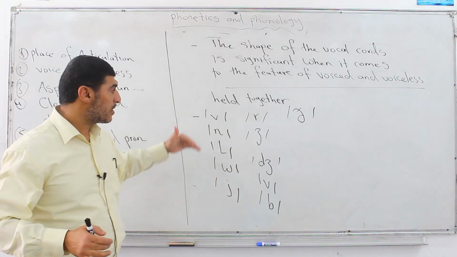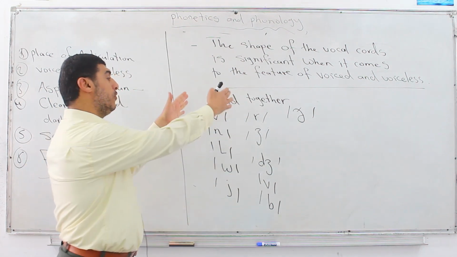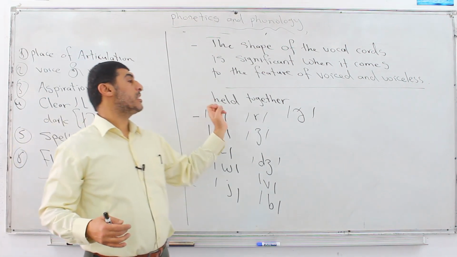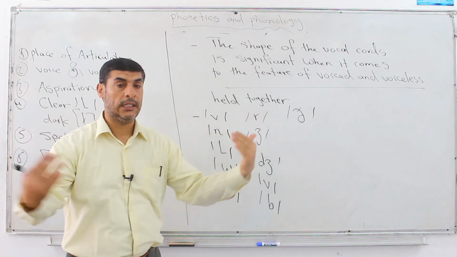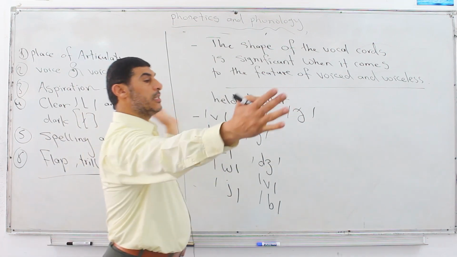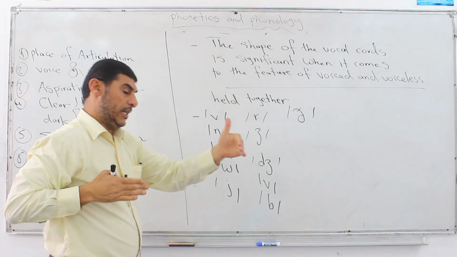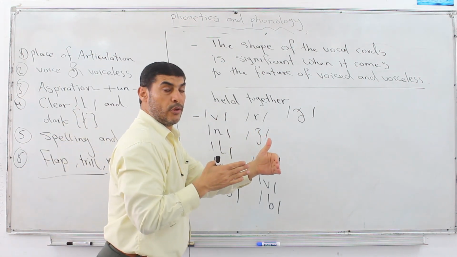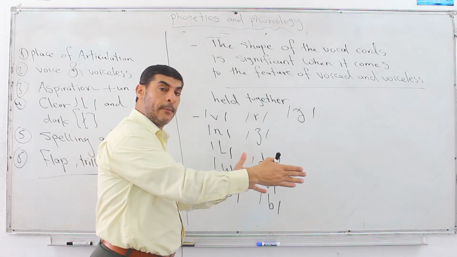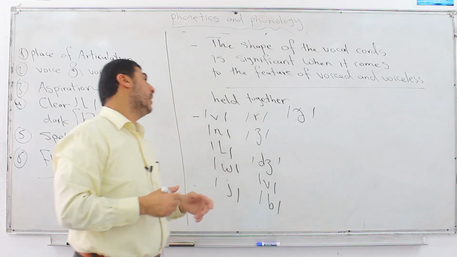But the question is, why do the vocal cords vibrate during the production of these consonants? The answer is very simple, because the vocal cords are held tight together. They are not set apart, so they are held together like this. So when the air passes, it forces its way through the vocal cords, causing them to vibrate.